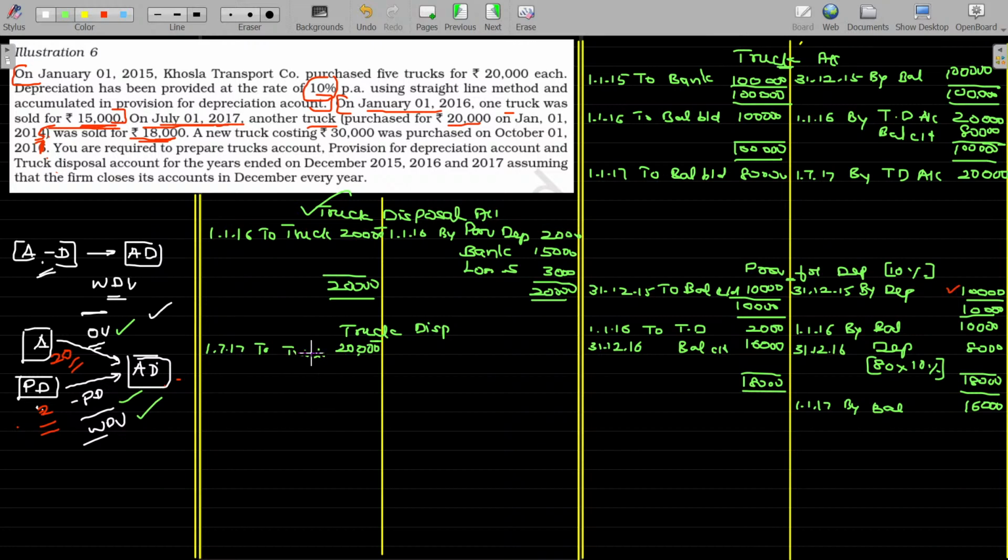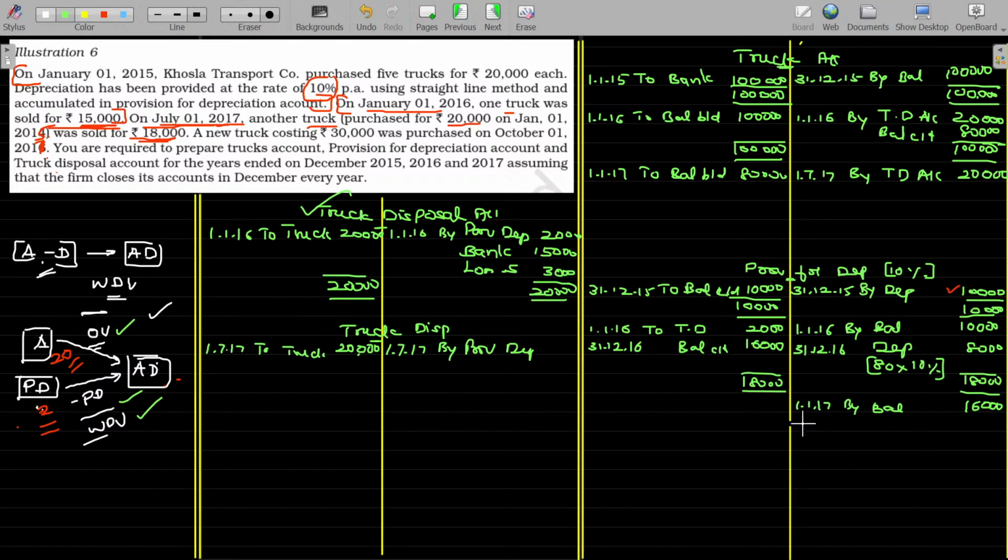Any asset sold, now it's your duty to transfer the accumulated depreciation on the asset sold to the truck disposal account. So on the same date 1/7/17, by provision for depreciation. Remember, any asset sold, in the year of sale, from the beginning to the date of sale you have to provide the depreciation.